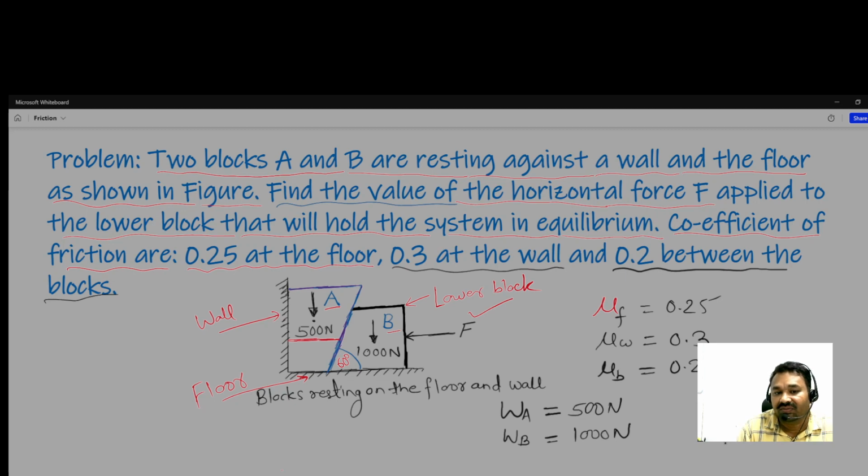It should not move downward. So it is the friction related to equilibrium conditions of the system.